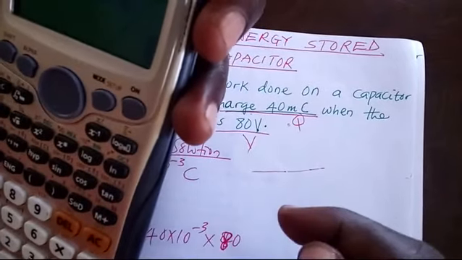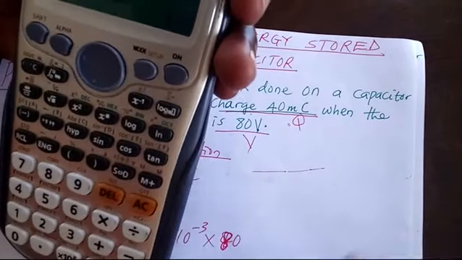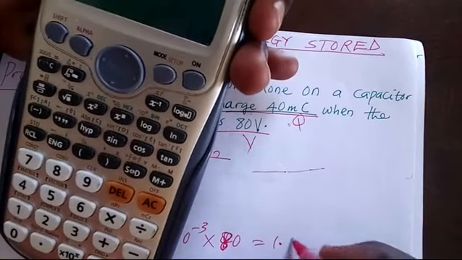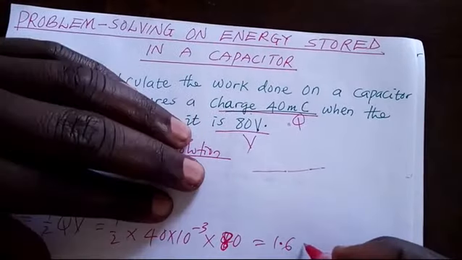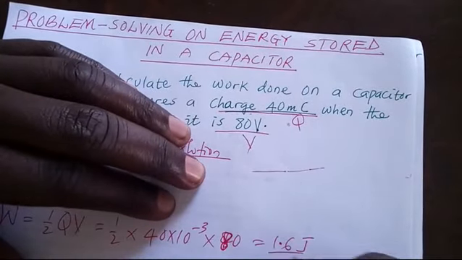This is 1.6. So the work done is 1.6. Remember, work is measured in joules, so the work done is 1.6 joules.